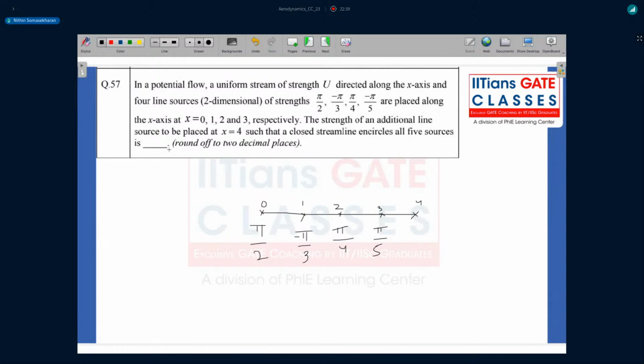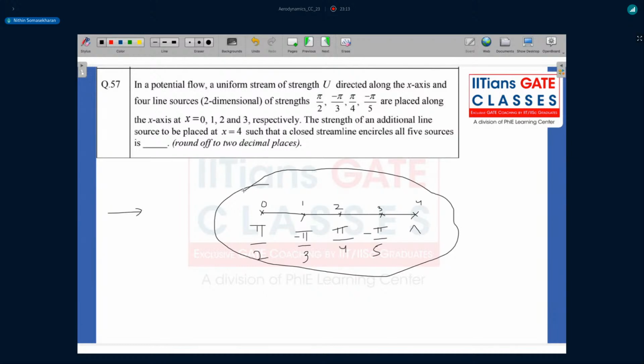The strength of an additional line source to be placed at x equals 4 such that the closed streamlines encircle all 5 sources. So we need to figure out the strength of a source that should be placed over here so that when the free stream hits this entire assembly of sources, it'll form a closed streamline, not an open-ended stagnation streamline.